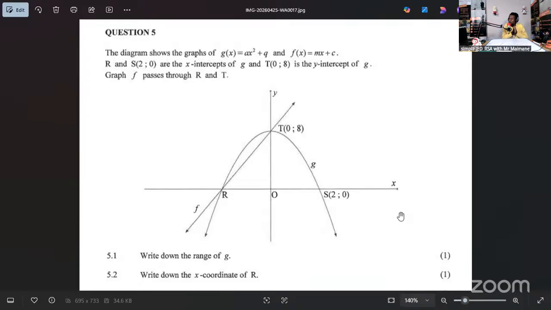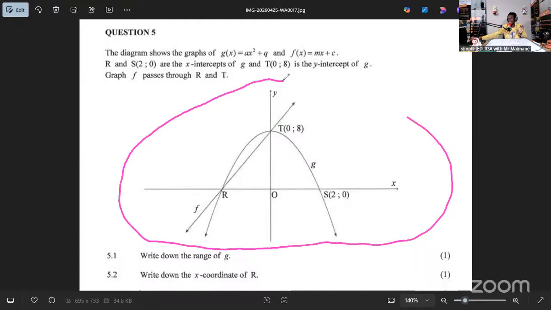But I want to remind you of something. Remember our concept that we've been following lately, Corey. Every problem that you have in mathematics or physics, it is about the diagram that matters. Every other thing is just information that supports the diagram. And the questions are always about the diagram.